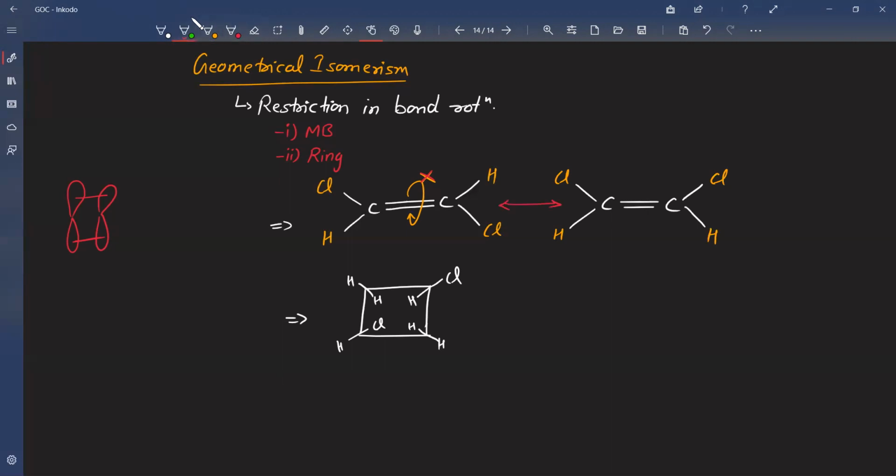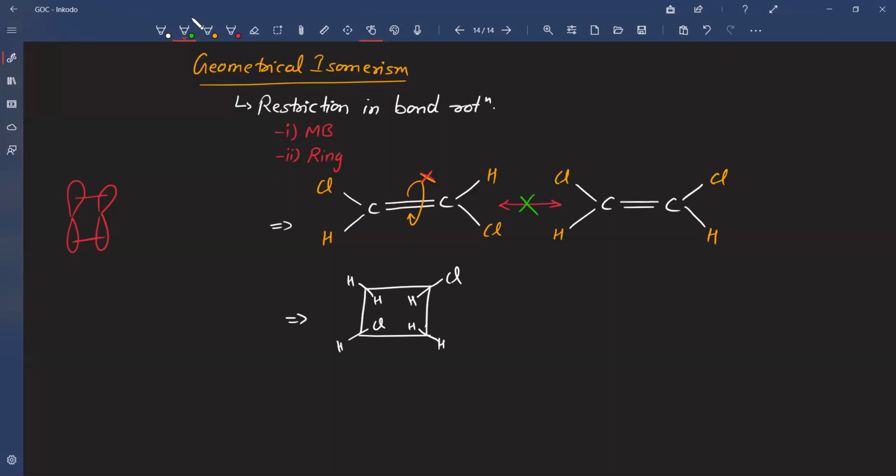That is what I'm trying to say. It cannot interchange from one form to another directly. Just by rotation of bond, it is not possible. In the same molecule, without any proper chemical reaction or without cleavage of an existing bond and formation of new bonds, it won't be possible for one orientation to change into another.